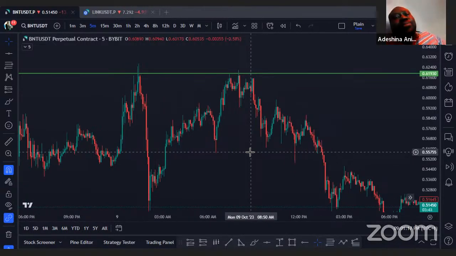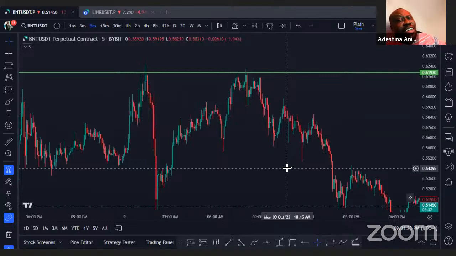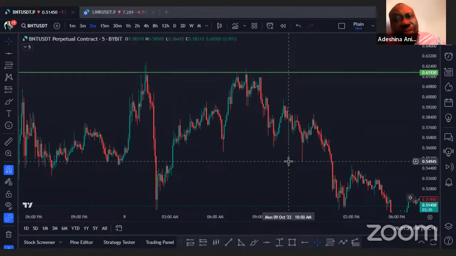Is it 5 minutes, 1 minute, 1 hour, 4 hours, or something? After you scalp and you need to enter a trade, and after you use your Fibonacci retracement tool, trend lines and everything, and you study the market, you want to go into the trade. What is the best time frame to use? That's my question.